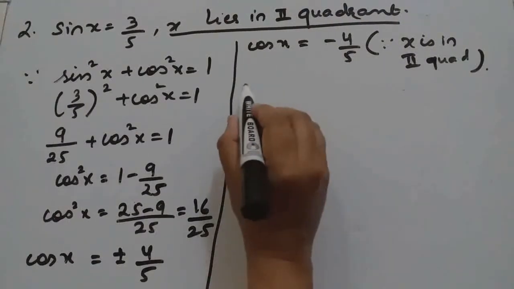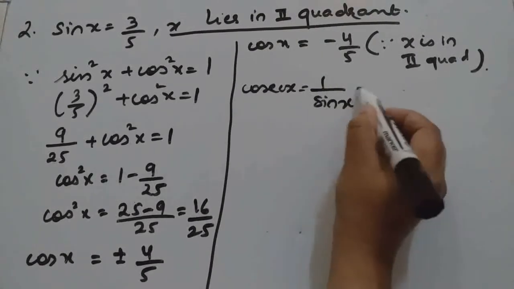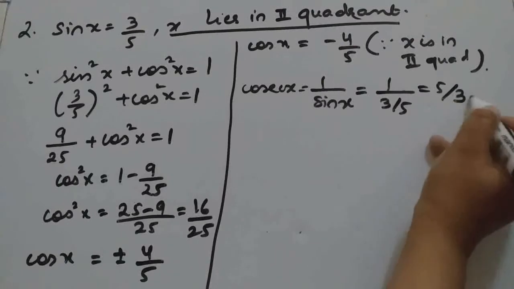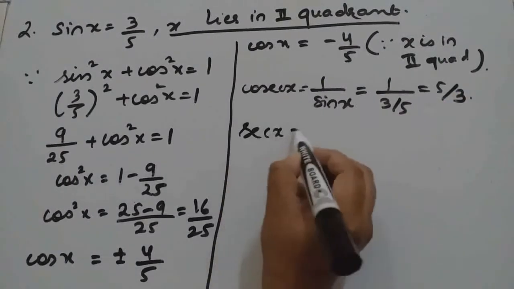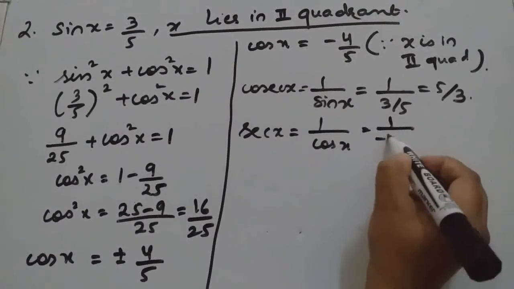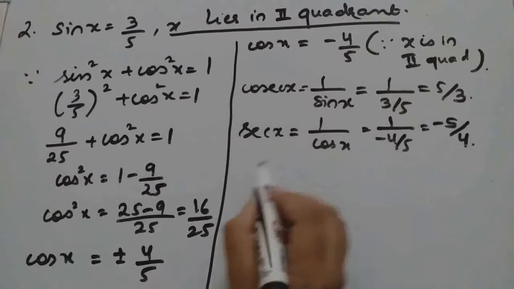Now cosec x we can find easily, 1 by sin. So 1 by 3 by 5, that is 5 by 3. Sec x is 1 by cos x, which is 1 by minus 4 by 5, so minus 5 by 4 will come.